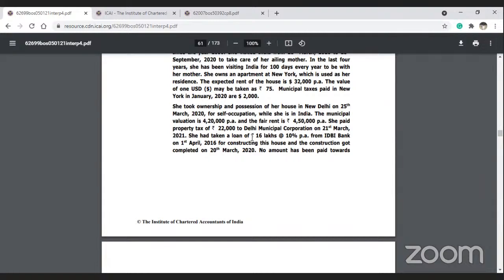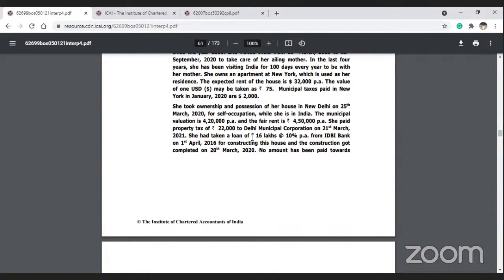When did she take the loan? On 1st April 2016. What does the pre-construction criterion say? The period for the pre-construction should be the 31st March of the preceding year, preceding the date of completion of construction.